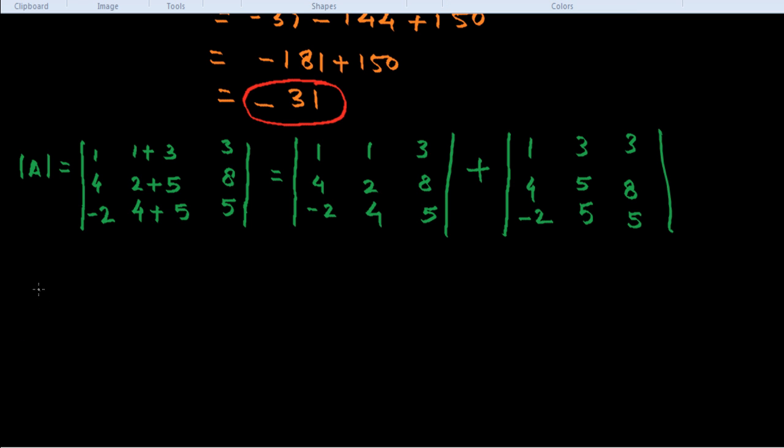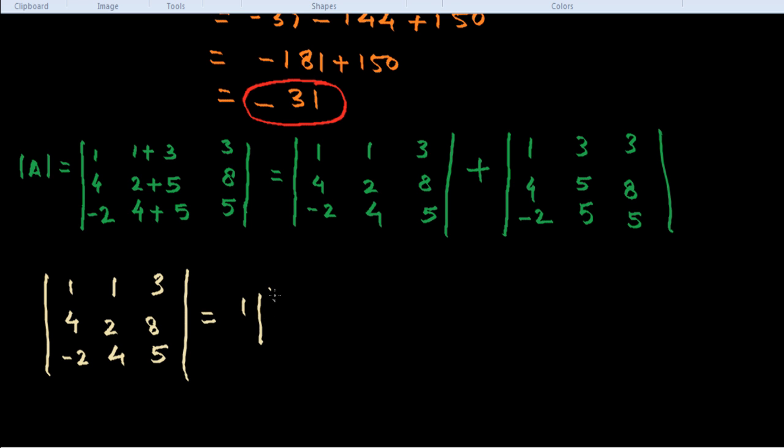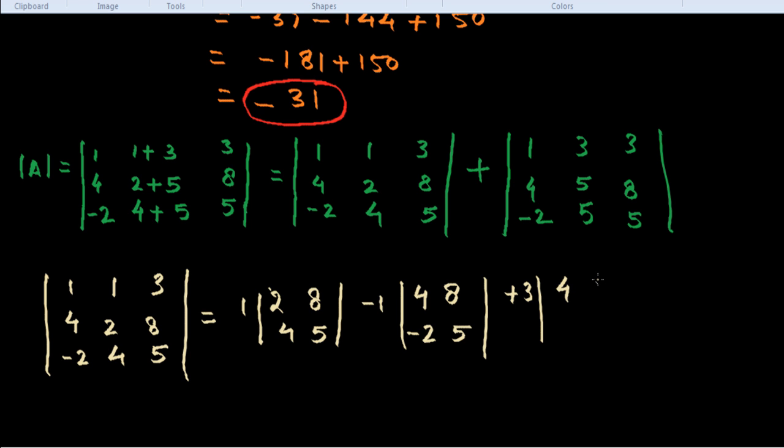The value of the first is this one. I am writing down here with a different color: 1, 4, minus 2, 1, 2, 4, 3, 8, 5. We expand this. 1 times (2, 8, 4, 5), minus 1 times (4, 8, minus 2, 5), plus 3 times (4, 2, minus 2, 4). I expand this.